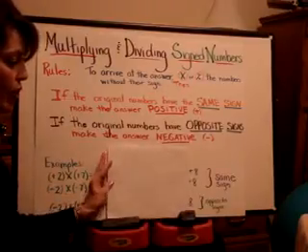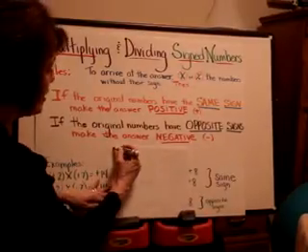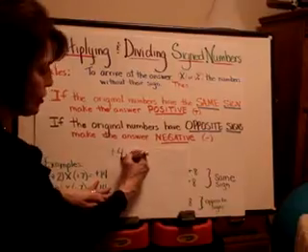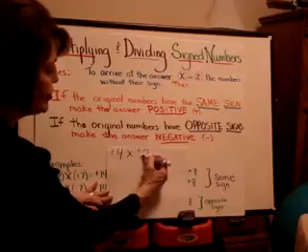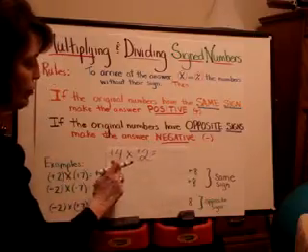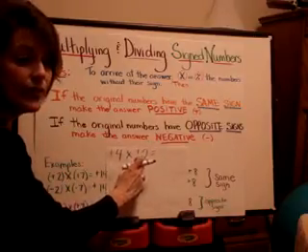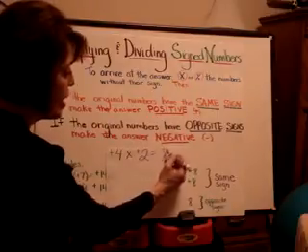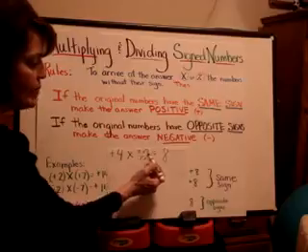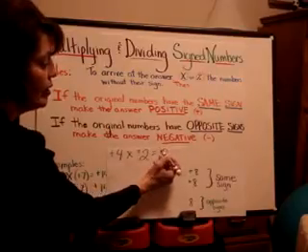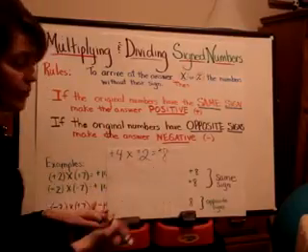Let's try one on our own. If I take a positive 4 and I multiply it by a positive 2, what's the answer? 4 times 2 is 8. 8. That's right. A positive and a positive, two of the same signs make a positive.